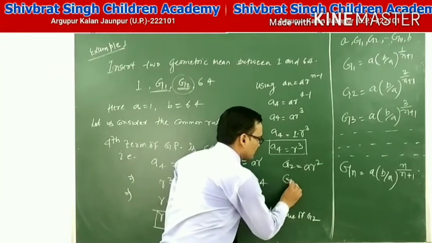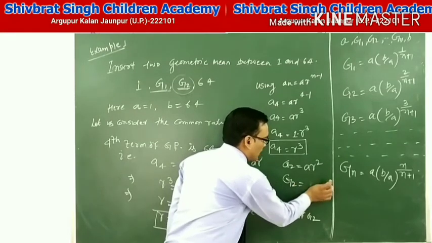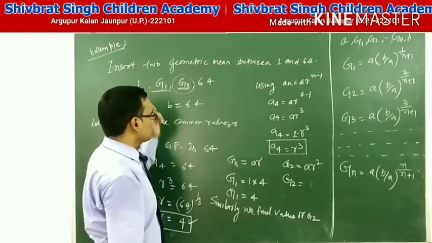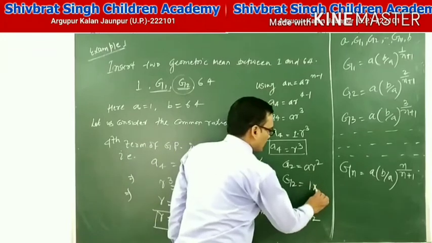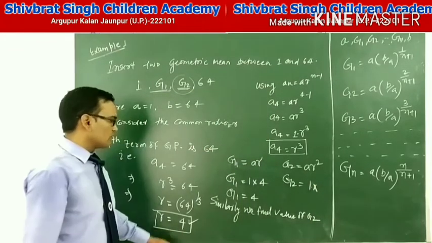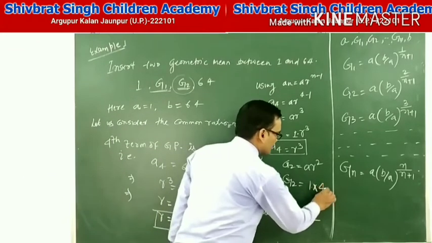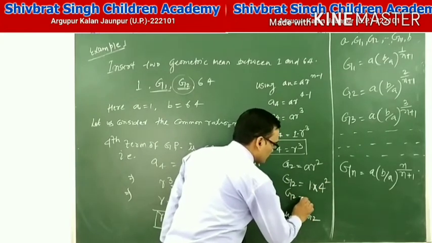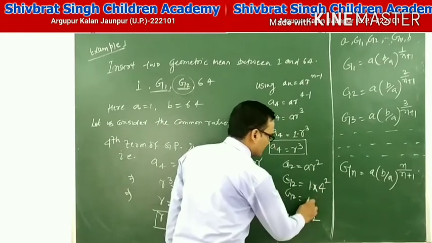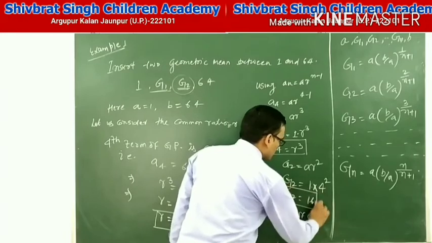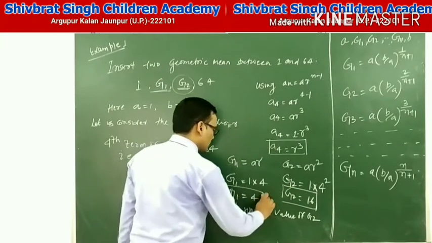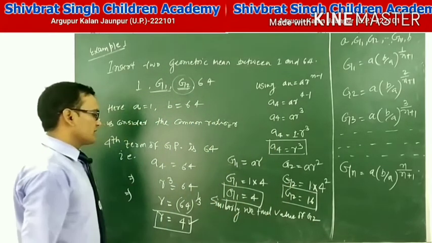Here a equal to 1 and r equal to 4. That is 4 square. G2 equal to 4 fours are 16. G1 equal to 4 and G2 equal to 16.